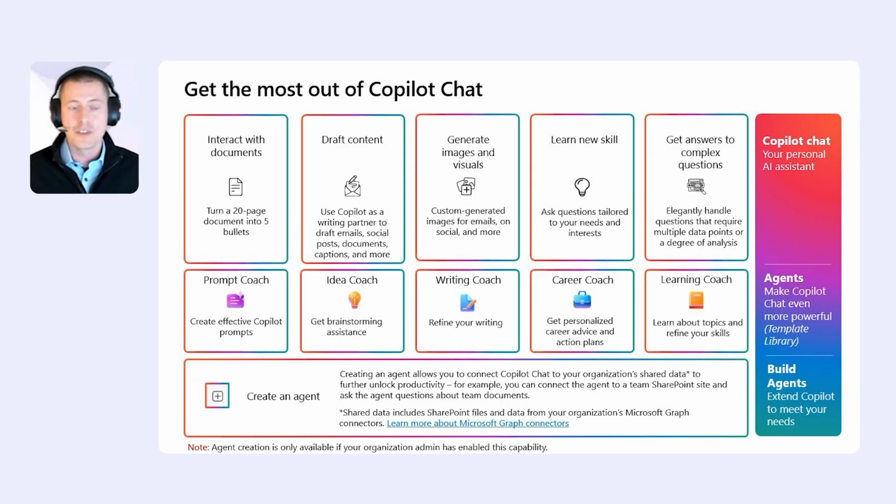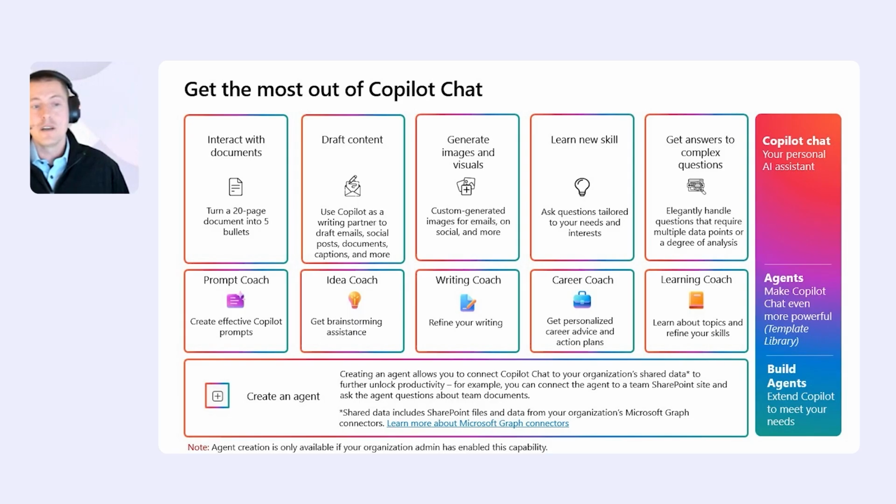We all familiar, I'm pretty sure every one of you heard that term prompt engineer. So not all of us are prompt engineers, so we really do not know what it needs to write a really effective prompt. Prompt coach can really help with that. It can help to improve the success rate of receiving valuable responses from Copilot Chat. It can also help users to get more value from based on Copilot's suggestion on specific use cases.